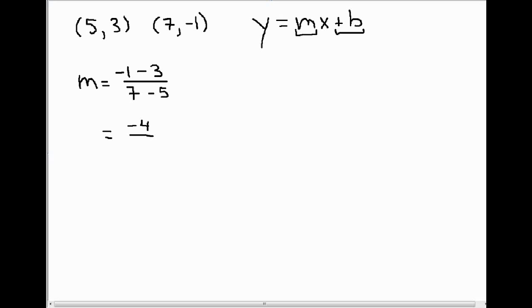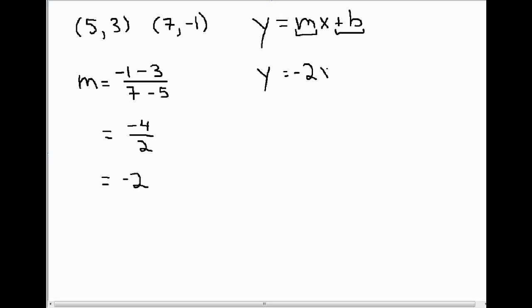So that's -4, and then 7 minus 5 is just 2. And -4 divided by 2 is -2. So I've got my slope. That means I can substitute that into this equation here. Instead of m, I can write -2.